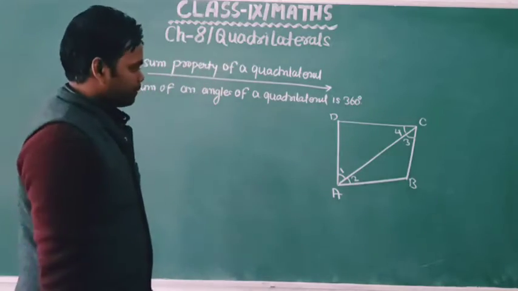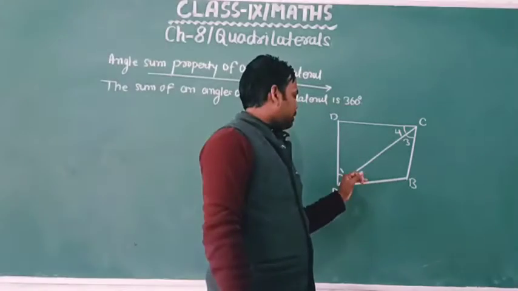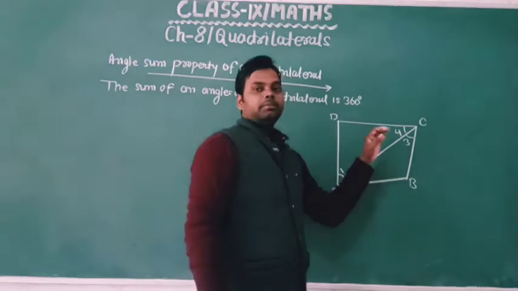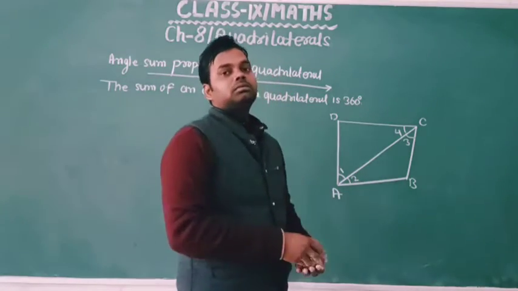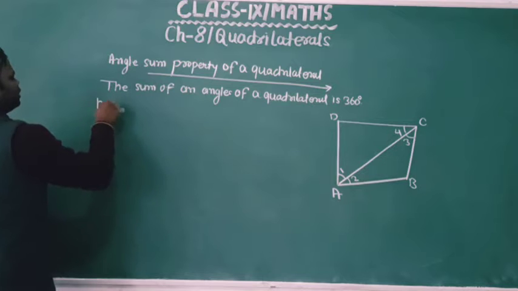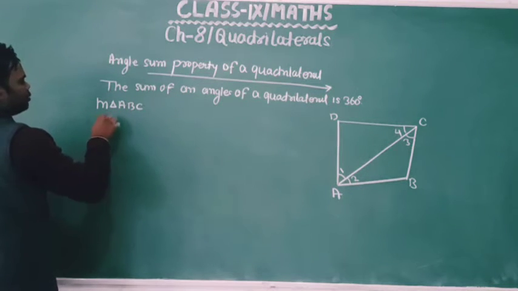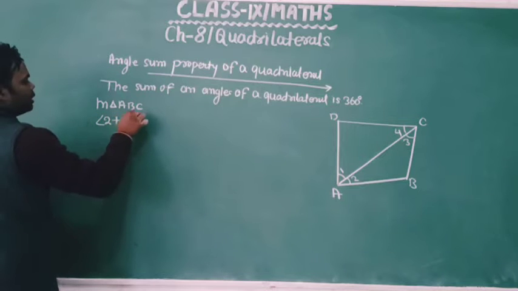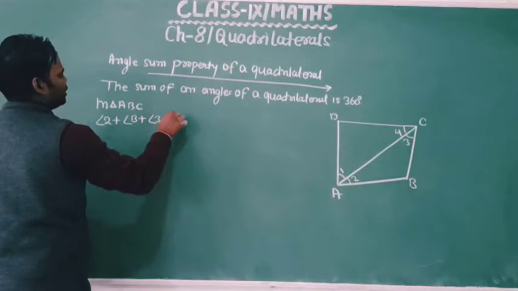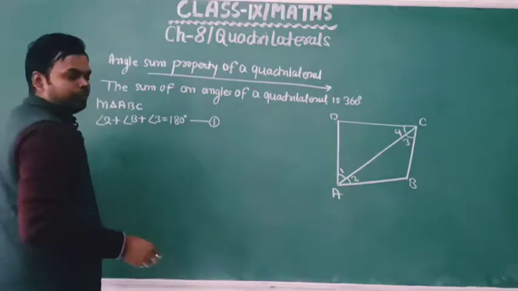As we know, the sum of angles 2, B and 3 in triangle ABC is 180 degrees. So in triangle ABC, angle 2 plus angle B plus angle 3 equals 180 degrees. Say this is equation 1.